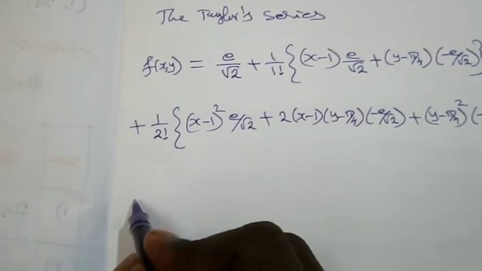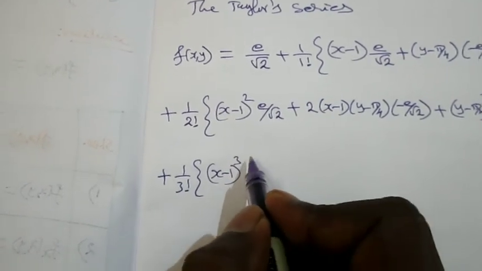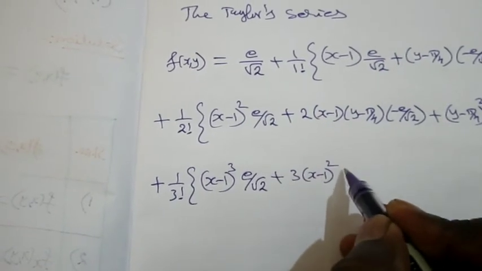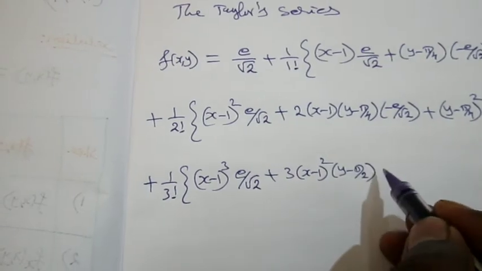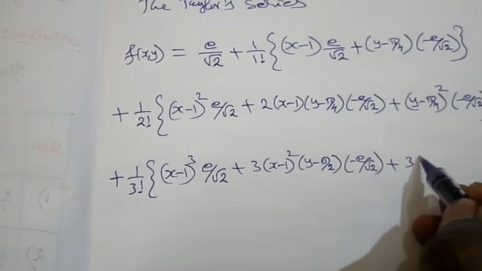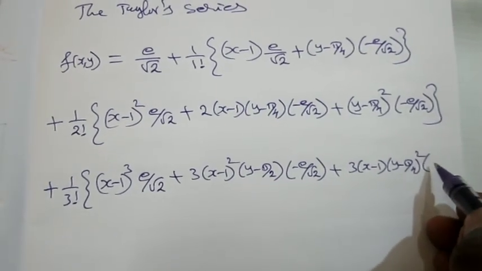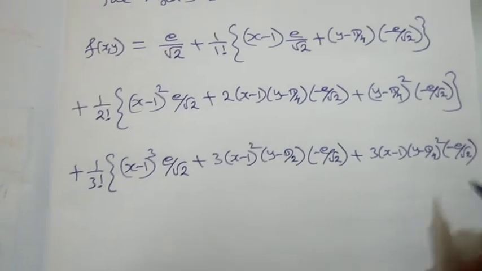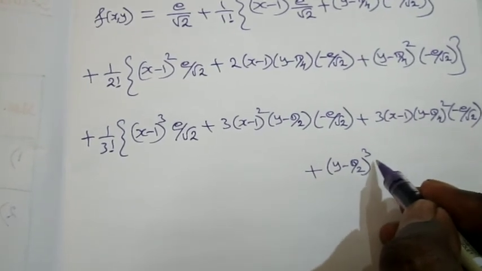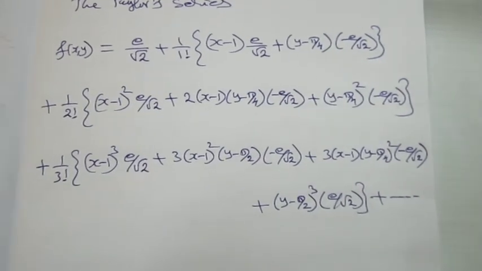And then the third one, 1 by 3 factorial into h cube into fxxx of a comma b, which is e by root 2, plus 3 h square k into fxxy of a comma b, so minus e by root 2, plus 3 h k square into fxyy of a comma b, which is minus e by root 2, plus k cube, y minus pi by 4 the whole cube, into fyyy of a comma b, which is e by root 2, plus etc. So this is the substitution in the formula.